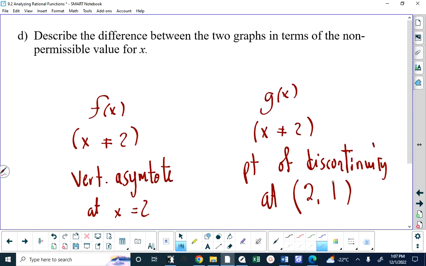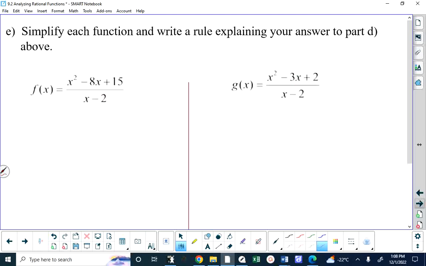Any questions about the two different types of non-permissible values in terms of how they reveal themselves on the graph? All right. So, how would we know which is which? Well, look what it says here. Simplify each function. In Math 20, you're taught that rational expressions are simplified by factoring first.